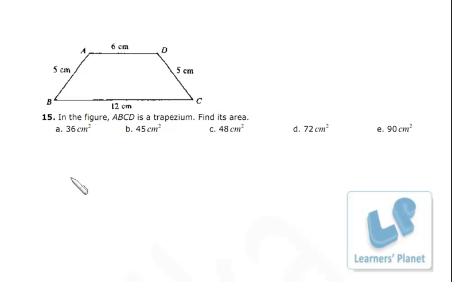Now this question, in the figure ABCD is a trapezium, find its area. The non-parallel sides have equal length, that means it is an isosceles trapezium. What we can do is draw a line like this, then one more. This is nothing but the perpendicular or altitude of the trapezium.